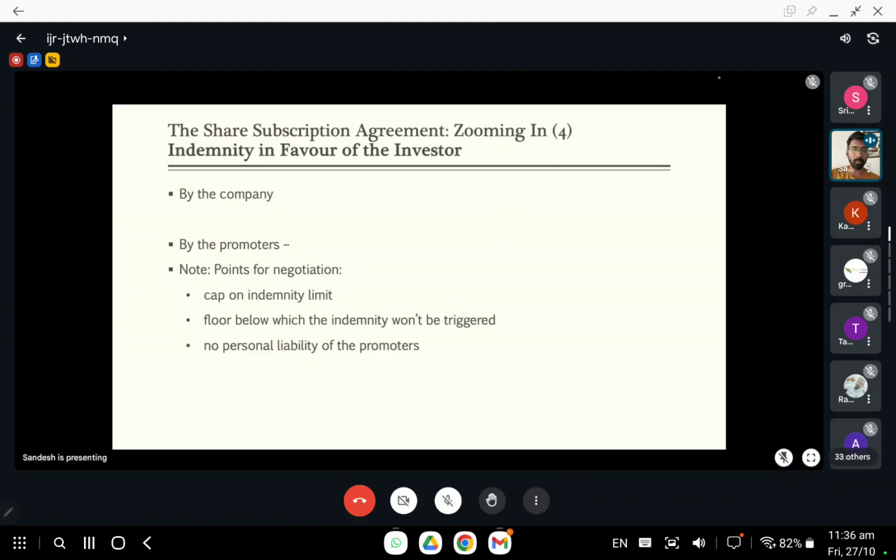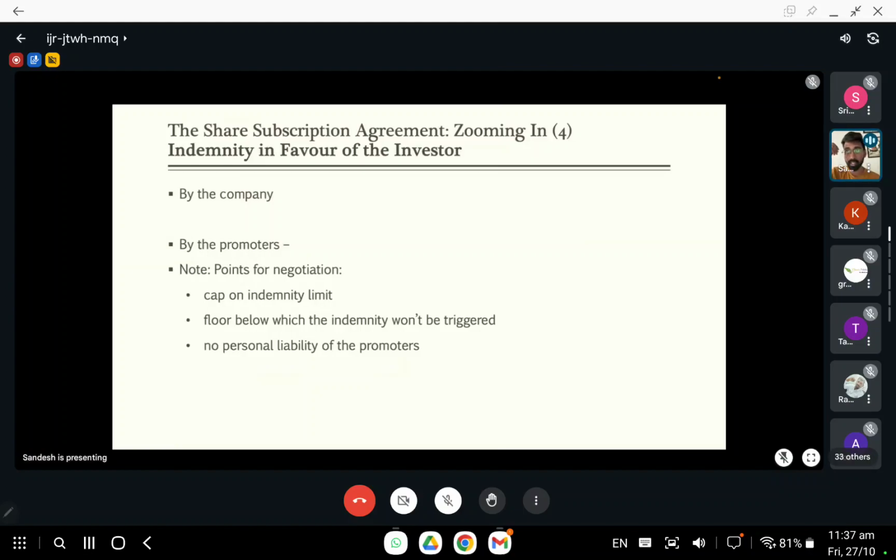Lastly, you'll say, whatever the case may be, you have invested X amount of money, let's say 30 lakhs. My liability to make you whole, to cover your losses, is limited to what you have invested, right?